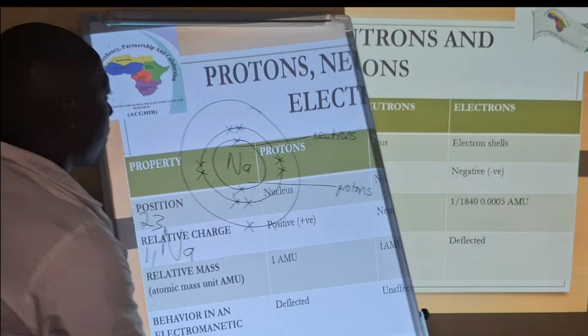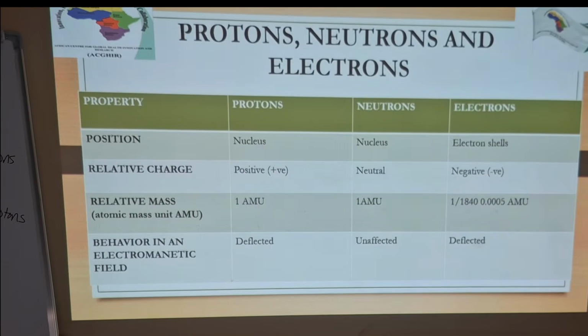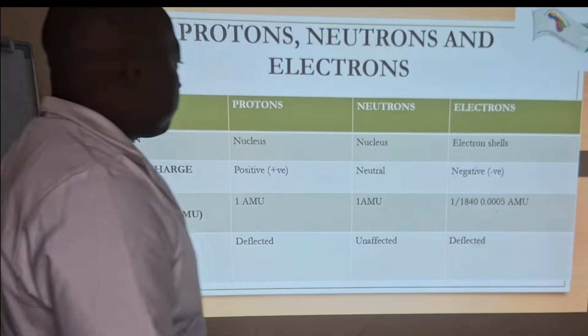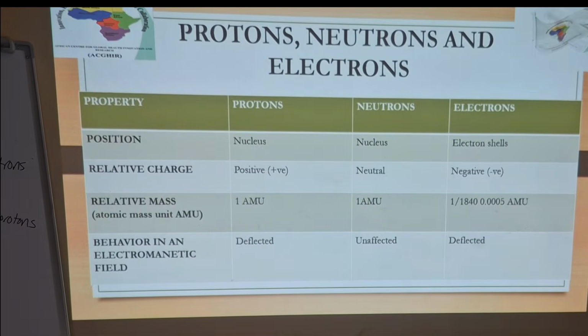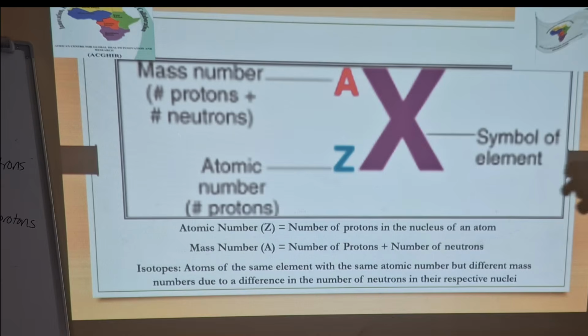Let us continue with our PowerPoint presentation. This is a diagrammatic representation of what I was illustrating on the whiteboard, whereby A represents your mass number, which we also call the nucleon number, the sum of the protons and neutrons of an atom. Z represents the atomic number, which is the number of protons in an atom.